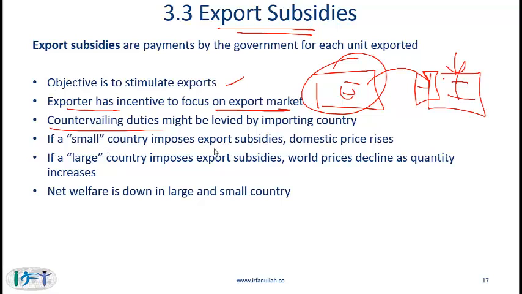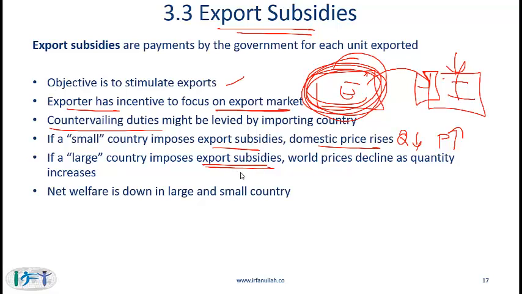If a small country imposes export subsidies, then domestic prices will rise. This is because domestic producers will focus more on the export market. The amount produced for the local market will go down and hence prices will go up. If a large country imposes export subsidies, then by definition world prices decline as quantity increases.